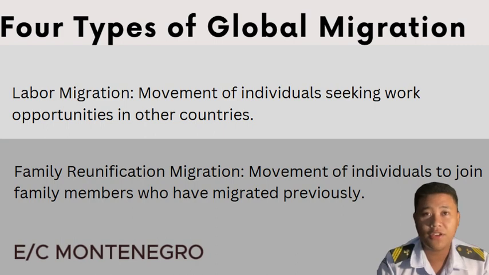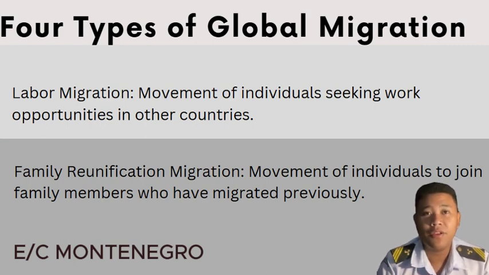Family reunification is a type of global migration policy that allows individuals to migrate to another country to join family members who are already residing there. It's often considered a fundamental aspect of immigration policy in many countries and is designed to promote family unity by allowing family members to live together.